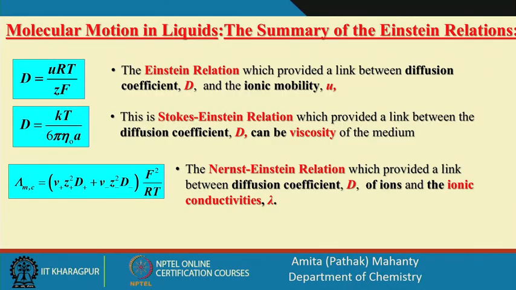What we were talking about in the last class was discussing the various equations which we had derived for a particle moving in a medium. We said that these particles can be moving in an electric field, or they can be non-charged particles without an electric field.